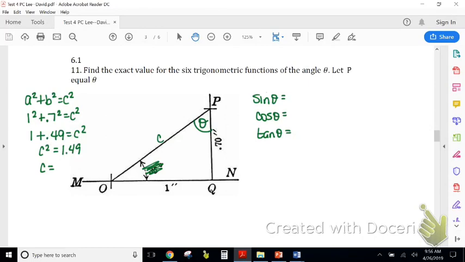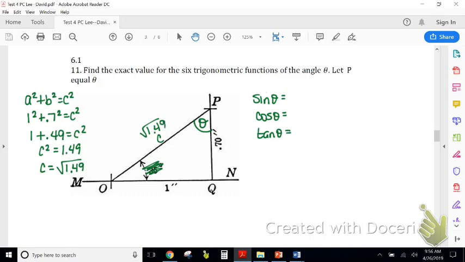All right, and so we get C is going to be the square root of 1.49, correct? Which we can't break down, we can't do anything to, so we know this side is the square root of 1.49.